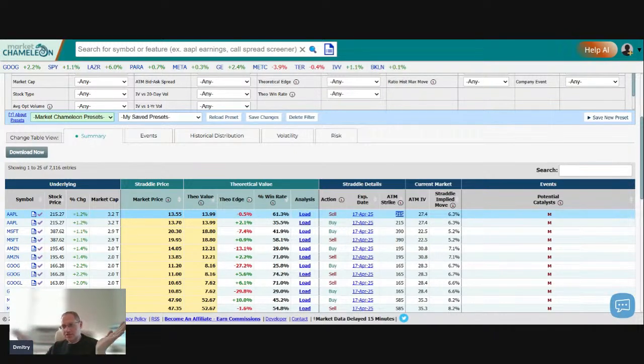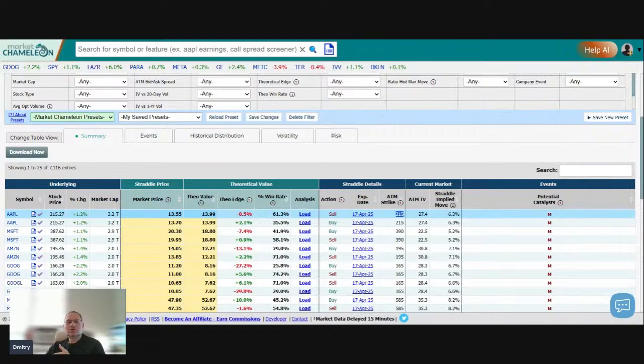Well, when you're selling a straddle, you could get executed anywhere between the bid and the offer. The bid, the displayed bid, is the price that you could get an immediate fill. So this analyzes it from the bid side.